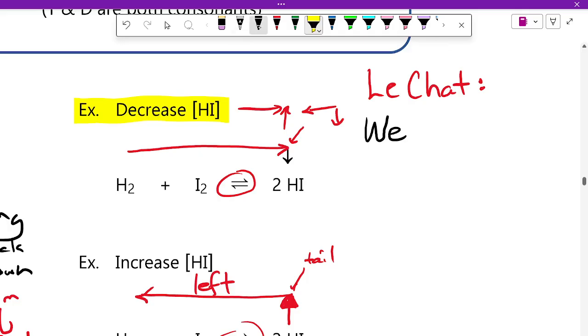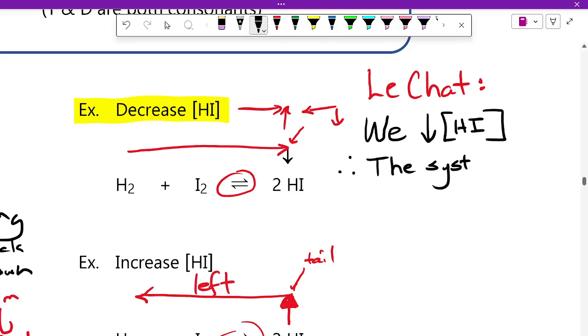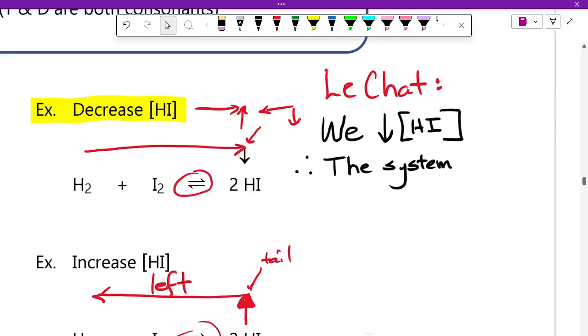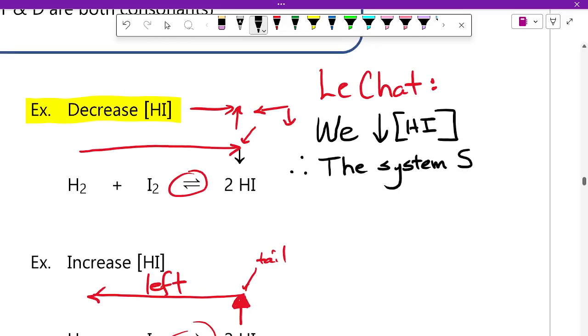We decreased the concentration of HI. Therefore, what does the system do? It shifts. To do what?